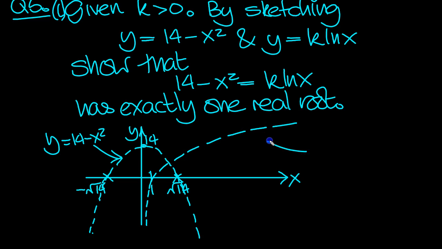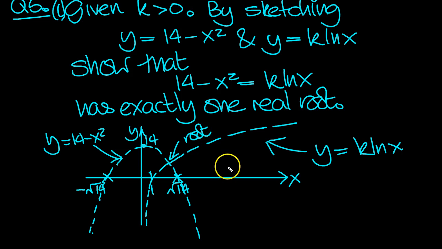And this is y equals k log x. And the root is here, of course, when they equal one another. Okay, so that's the place where the equations are equal. Okay, good. So that's the sketch then.